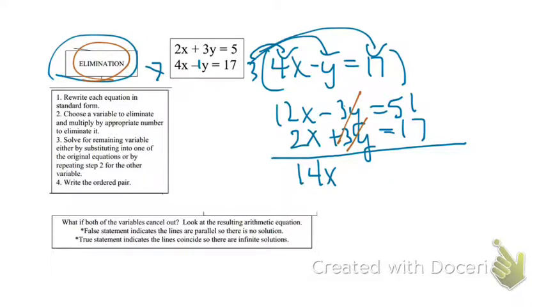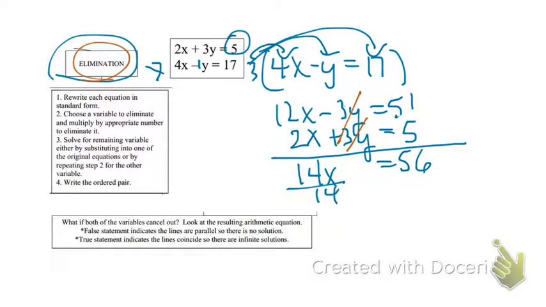And then I'm going to come over here and add my 51 to my 5. I wrote down the wrong thing earlier, so let me rewrite that. I'm going to add my 51 to my 5, and that's going to give me a 56.